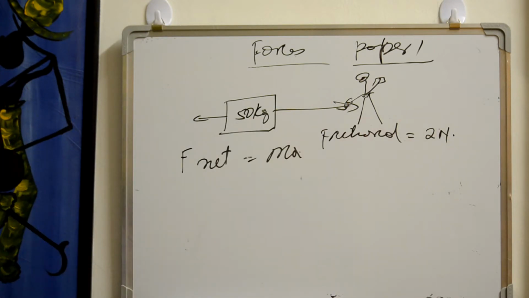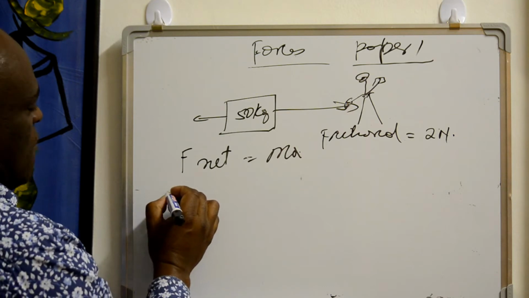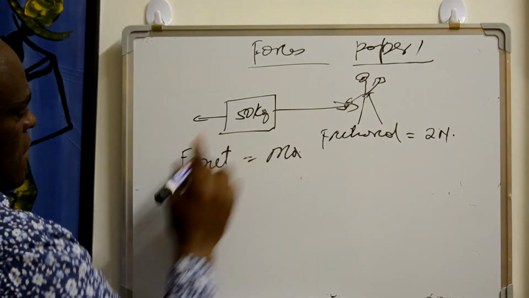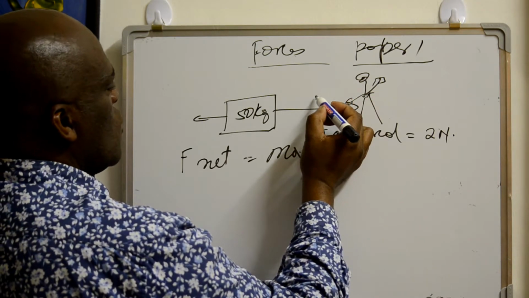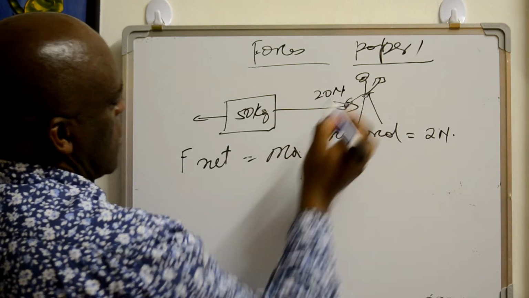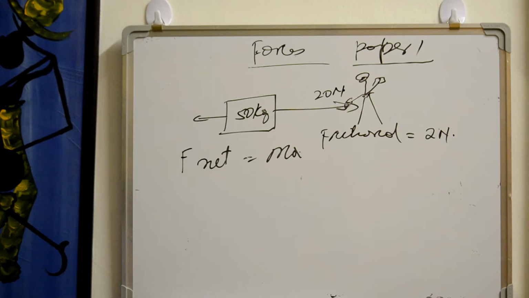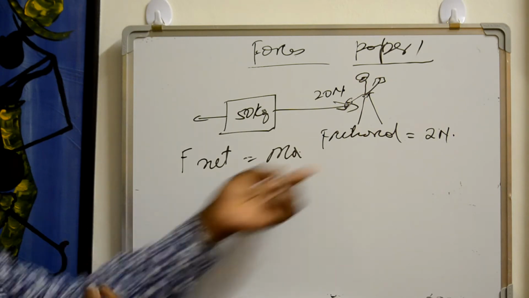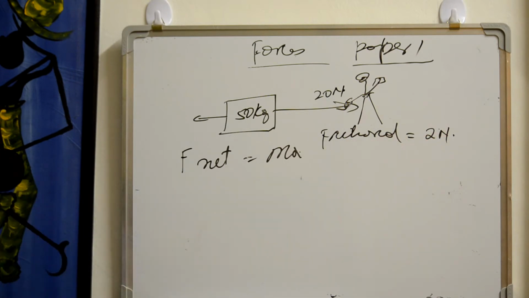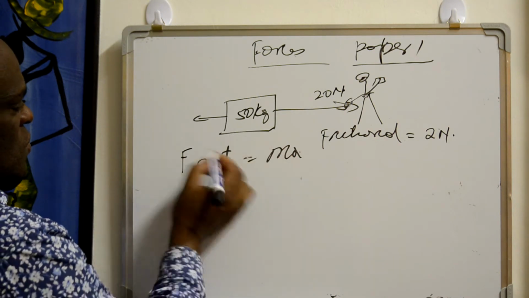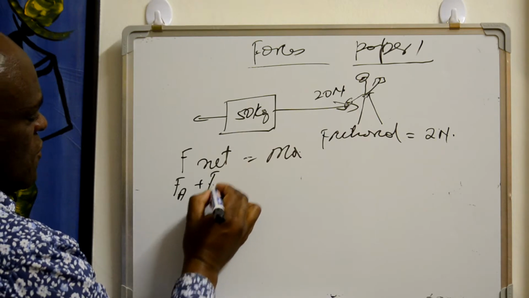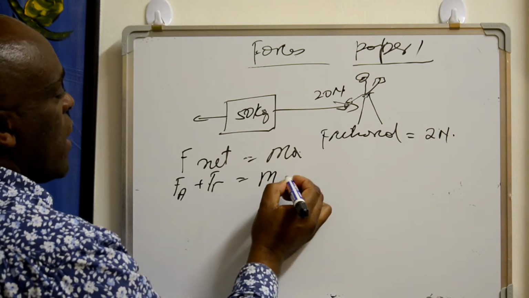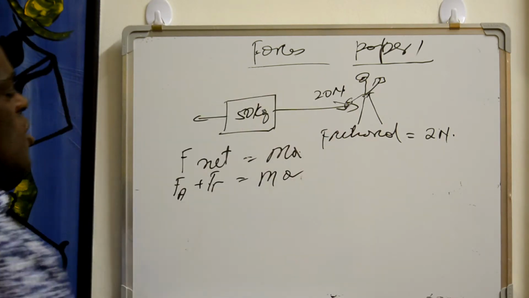Then what is your F net? Let's say you push this box, you use 20 Newton to pull this box. Then what is my friction force? Your friction force is 2 Newton. Then what is the F net? The F net is the sum of the force applied plus the friction force, which is equal to mass times acceleration.